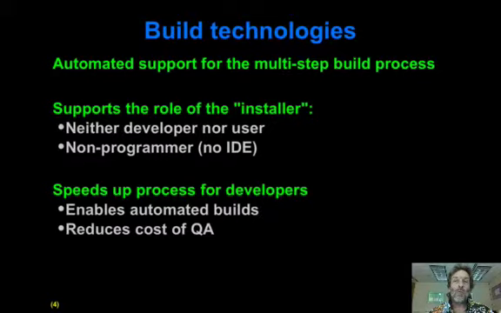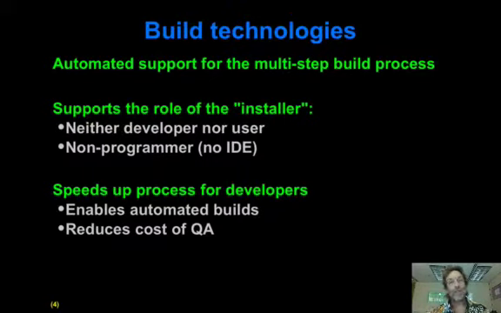So when you think of build technologies, you're really thinking about two kinds of folks that really benefit from them. One is the installer, who is neither a developer nor a user. He's really the system administrator, the person in the middle that's supposed to maintain your environment. And so they're not going to bring up Eclipse and do that kind of stuff. They want something basically at the command line or independent of any particular development environment that they can use to accomplish the build steps.